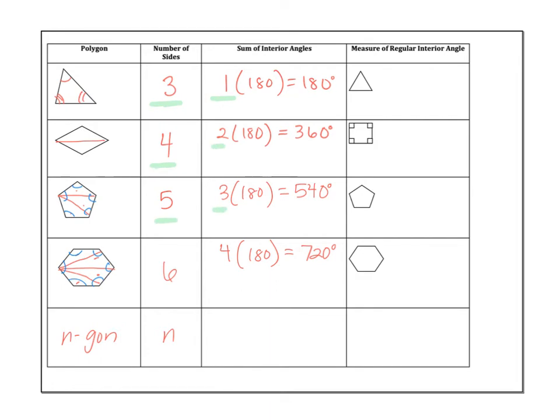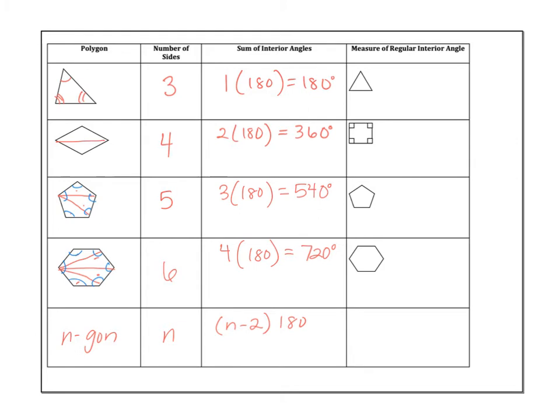So it kept going always up by 1, correct? It was always 2 less triangles than sides. So when you have an n-gon, it's going to be the number of sides minus 2. That's going to tell you how many triangles fit in it. And then you multiply that by 180. And that's how you calculate the sum of the interior angles, what they all add up to.